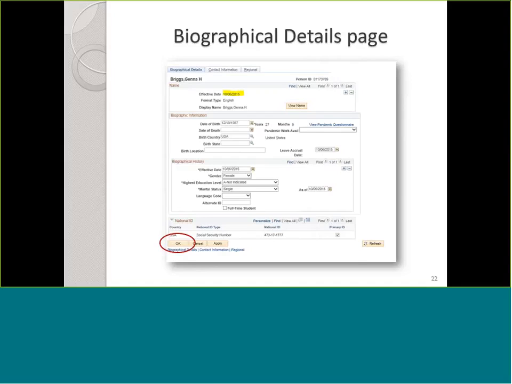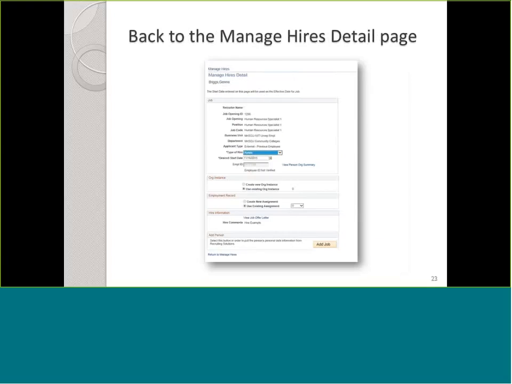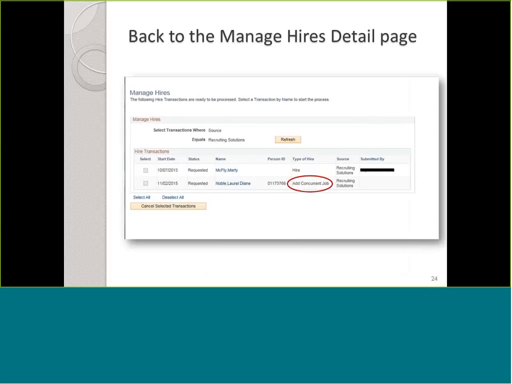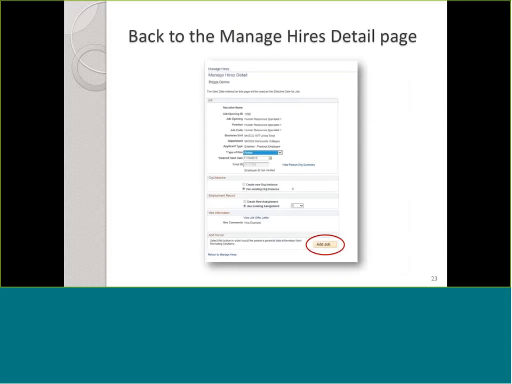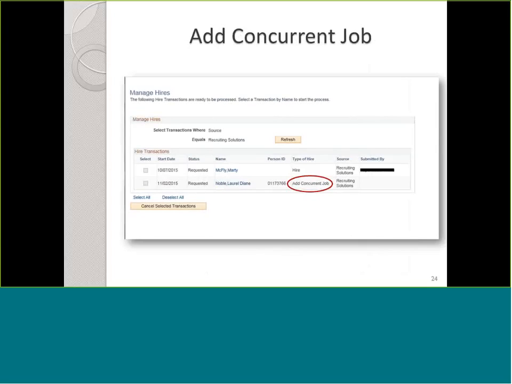And then clicking OK will bring you back to the Manage Hires detail page, where you will be clicking Add Job. The Add Job button will bring you directly into the job data where you can complete the transaction for that person.